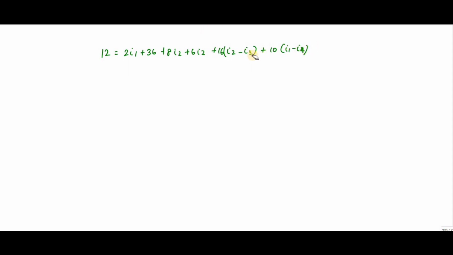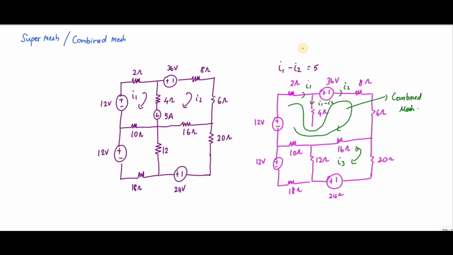Then you can take this one as I4 and this one as I3. So this is the I4 current and this one is the I3 current. I have left out this 4 as 4 ohm.